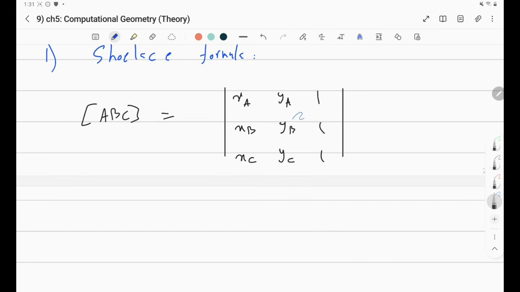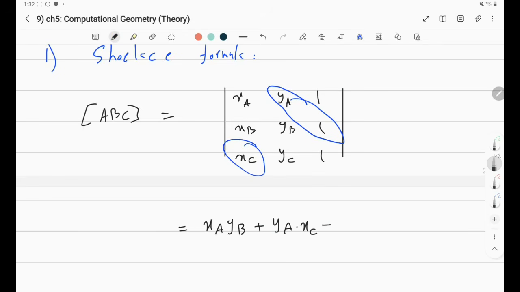So the very basic way is just to take the product like this. Take this product here. For example, if you multiply, it's xa yb, right? And then you do the same. You go up, now you take this diagonal like this, and you add it. So ya times xc. And then you move on.